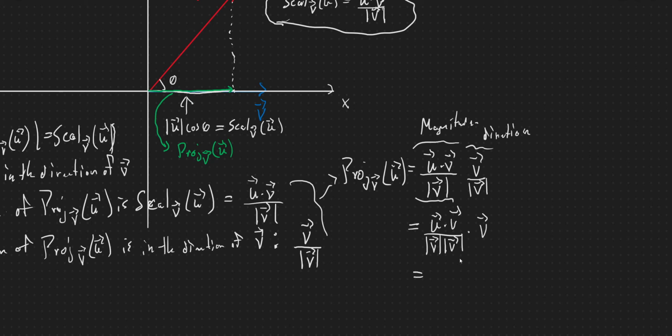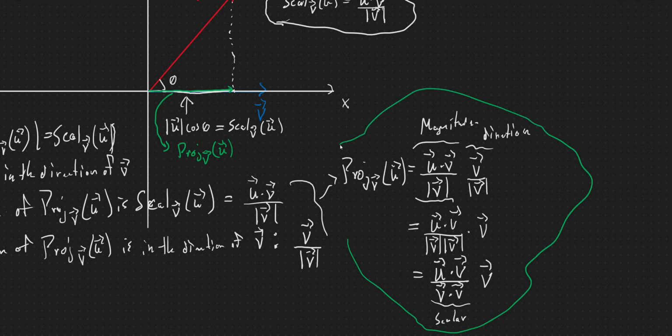So what this really is, and this is a really awesome form for this, is u dot v over v dot v. That's a scalar, and that's scaling the vector v. So this is telling me it's going along v, scaled by this much, and that's my projection. So u dot v over v dot v, scaling v, is this projection vector.